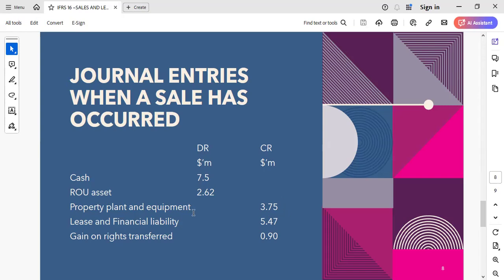Then you recognize lease and financial liability of 5.47. You can do this in two steps: lease liability 4.72 and then financial liability 0.75. And the difference between these will still give us the 0.90, which is the gain on the right transferred, or the profit on disposal. So in a nutshell, that is how to recognize sale and leaseback.